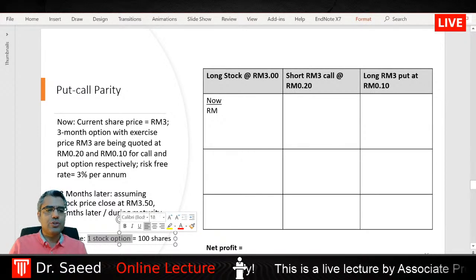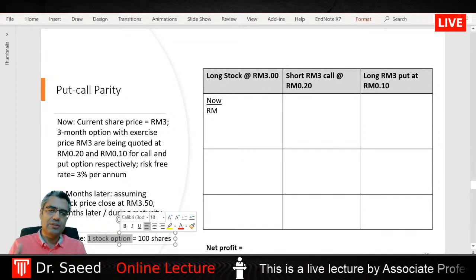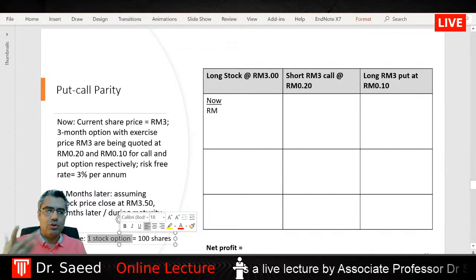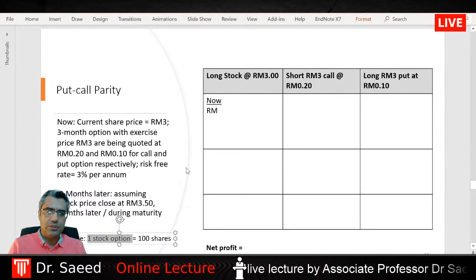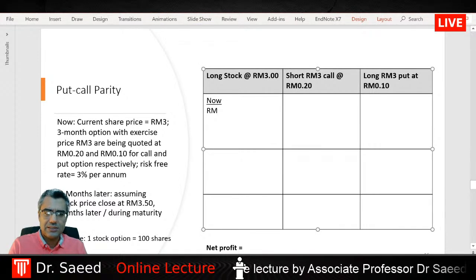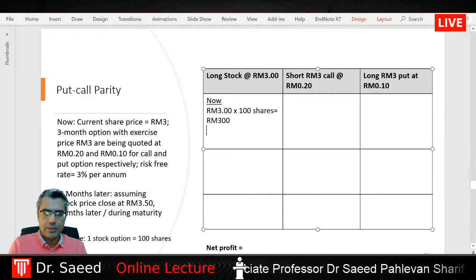Suppose that one option consists of 100 shares, means the underlying asset is 100 shares. We use the term of lot, L-O-T. Lot means the size of the option, right? So 100 shares. In some markets is 1,000, but let's say 100 shares. So you buy the stock at 3 ringgit, 100 shares. This means that you pay 300 ringgit, right?